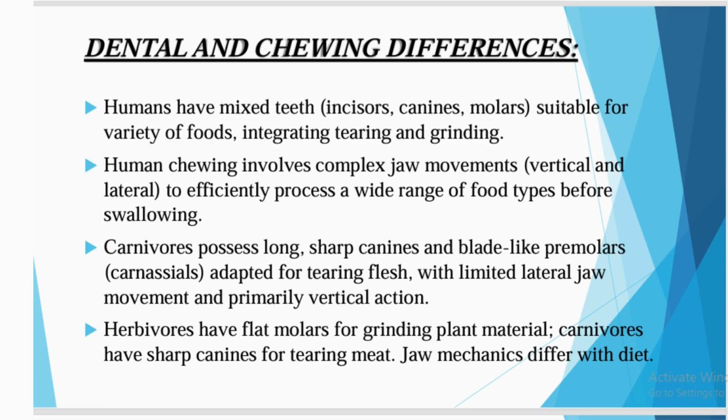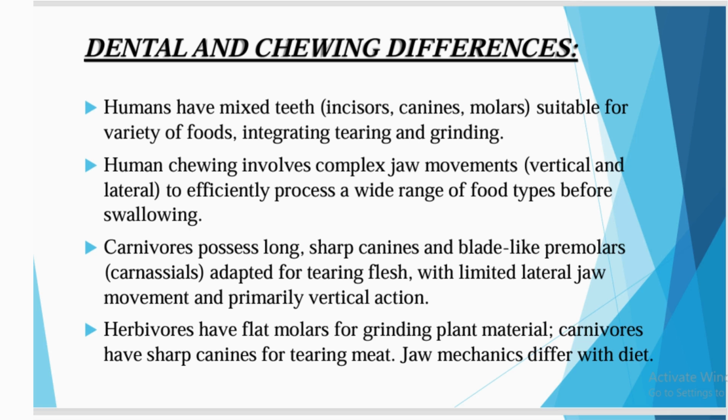There are also dental and chewing differences between the human and the animal digestive system. For example, humans have mixed teeth, which are incisors, canines and molars, suitable for a variety of foods, including tearing and grinding. Human chewing involves complex jaw movements, such as vertical and lateral, to efficiently process a wide range of food types before swallowing.